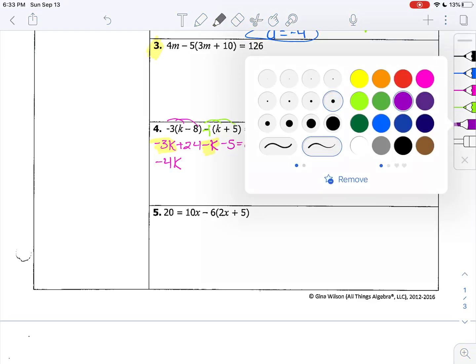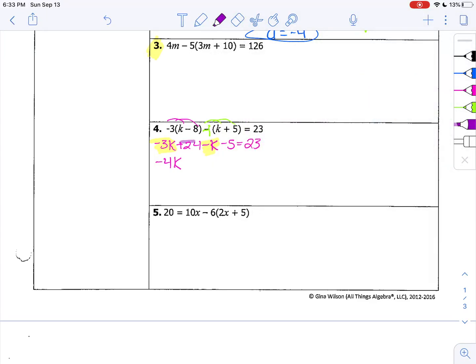I can also combine all of my constants. So 24 minus 5. 24 minus 5 is a positive 19, equals 23.